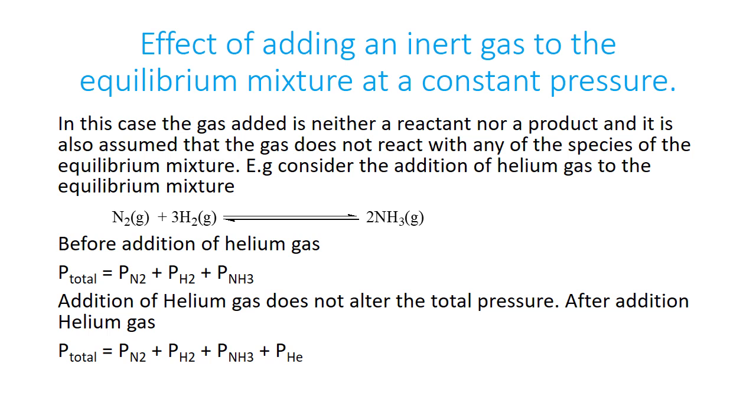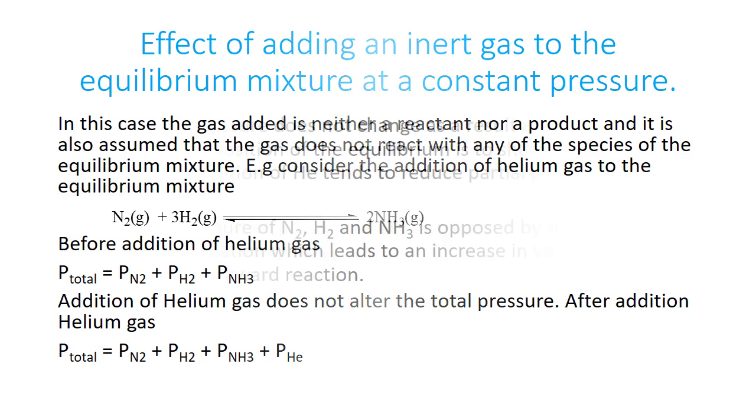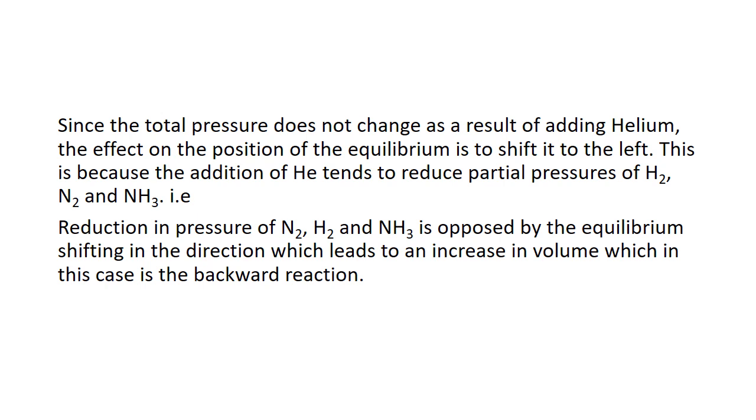So in this case, there is no change in the pressure of the system, but there is a change in the pressure of the initial gases which were at equilibrium. That means nitrogen, hydrogen, and ammonia have to adjust in a direction so that their pressures decrease, and the only direction that favors a decrease in the pressures of these gases is the backward direction.